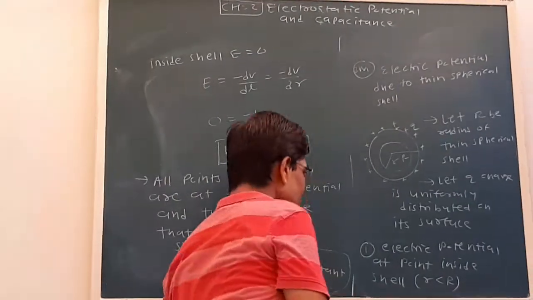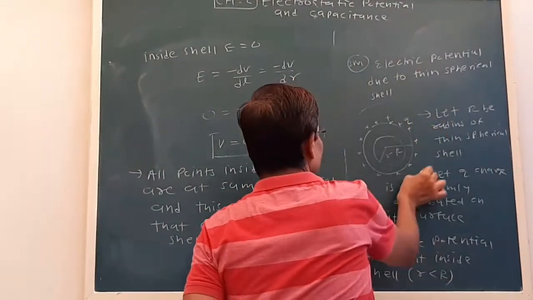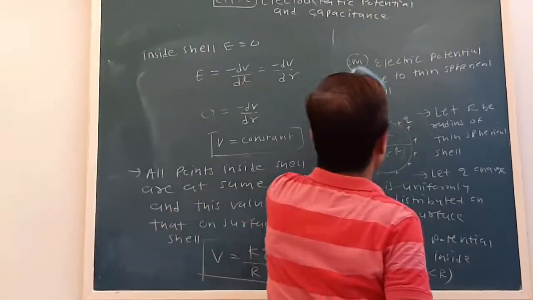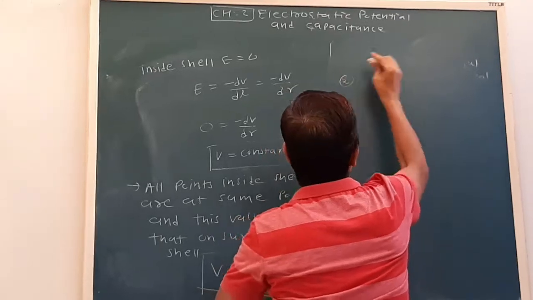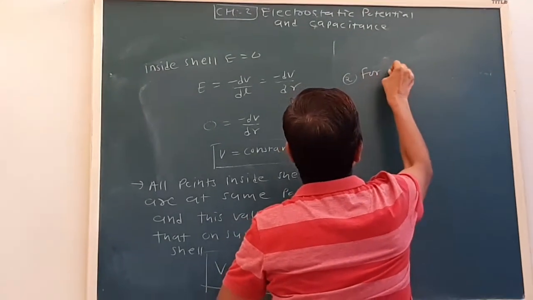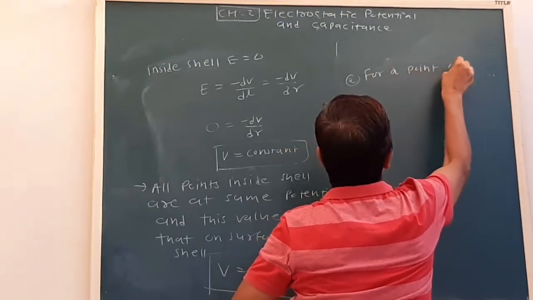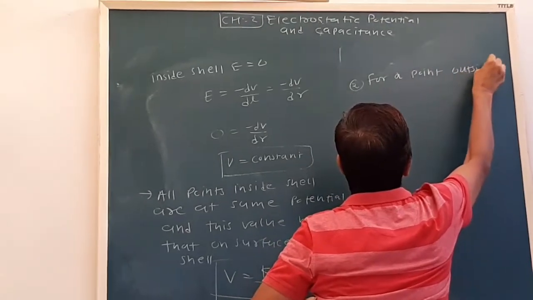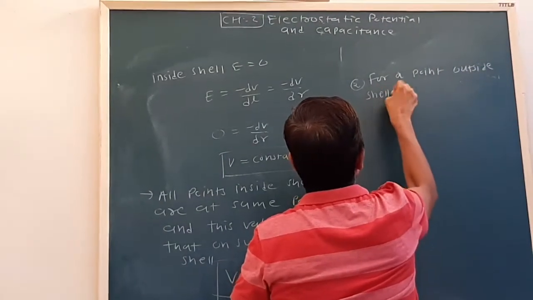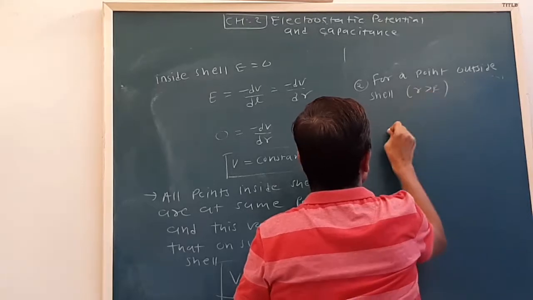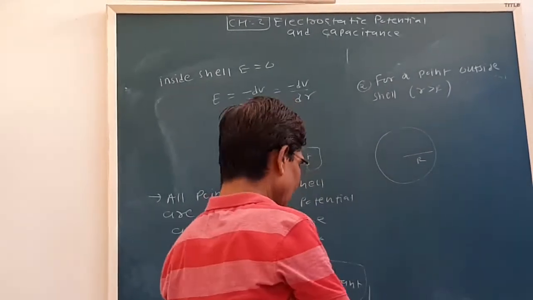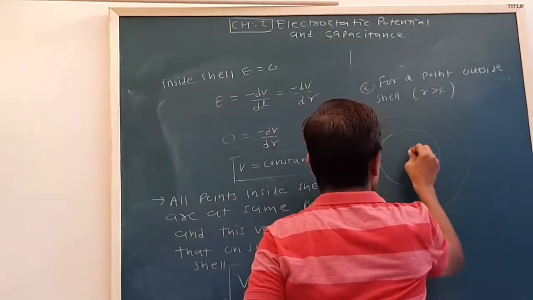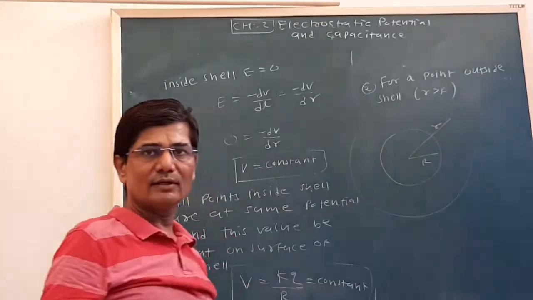Now see the second part. For a point farther than R, capital R. Let us say again, R is the radius and r is the distance where we have to find the potential.